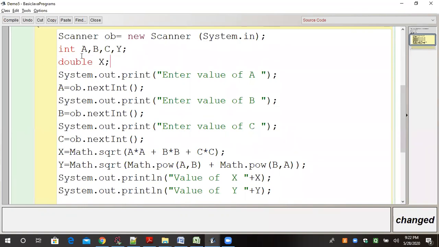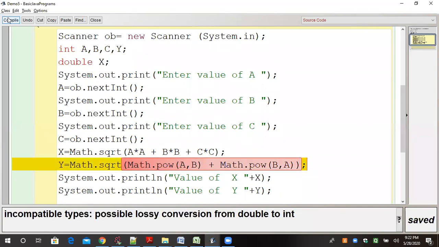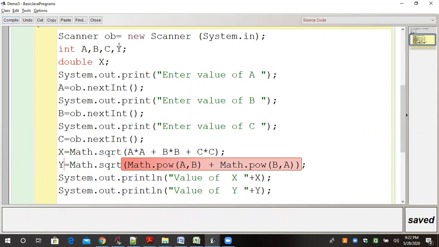Now, again I am compiling. Oh, the problem is there again. What is the problem? math.sqrt and math.pow both return the double type of value, and y you have taken as an integer. So you have to define y also with the double category. Clear? Now I don't think कि कोई इसमें error है.